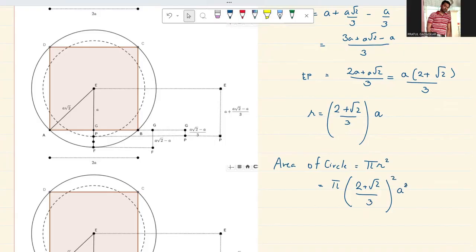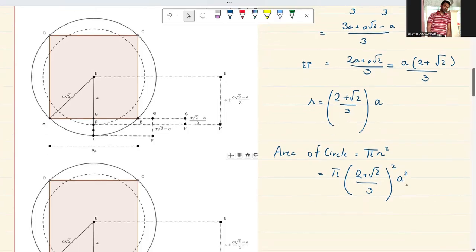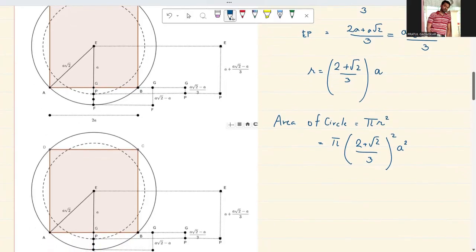Because we have taken R as (2 plus root 2) divided by 3. And we are now going to use a very important approximation of pi. That important approximation of pi is 9 divided by (6 minus 4 root 2). Now let us see how to remember this approximation.